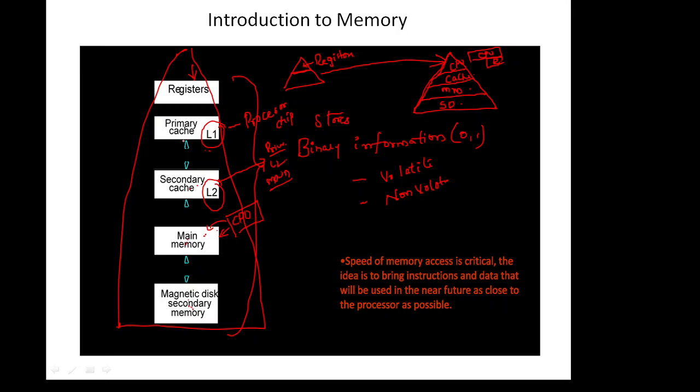So as I have said, this memory is like a human brain. Why am I saying that it is like a human brain? Because it is used to store data and instructions. In our brain also we store some instructions.